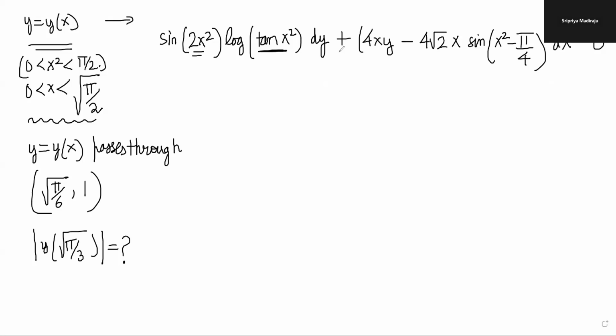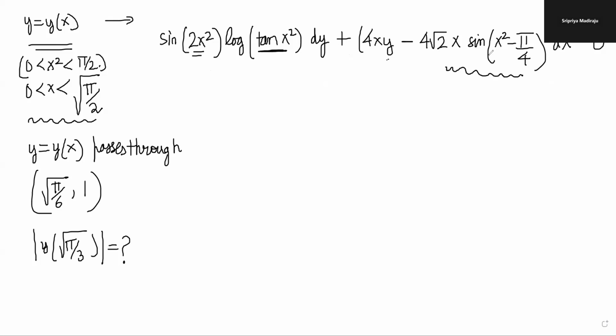On this side, the first terms are only in terms of x variables, and here there is y. So we'll first simplify this obviously, because this looks weird right now.